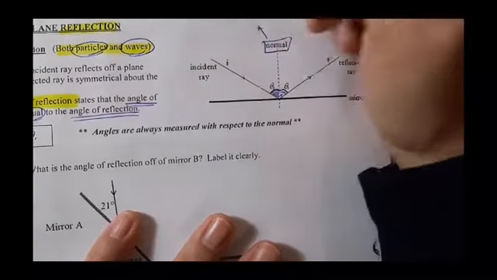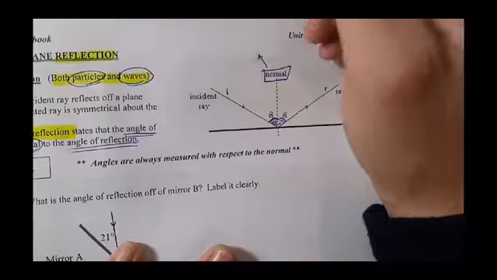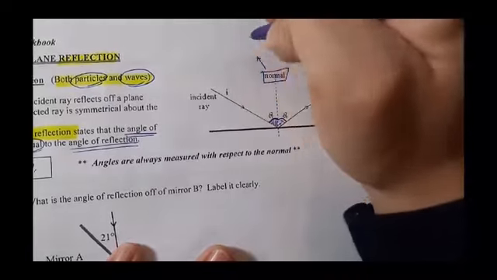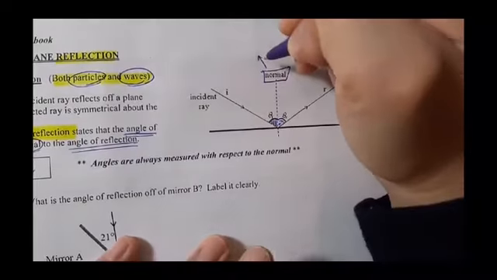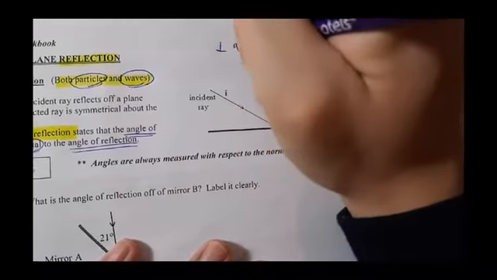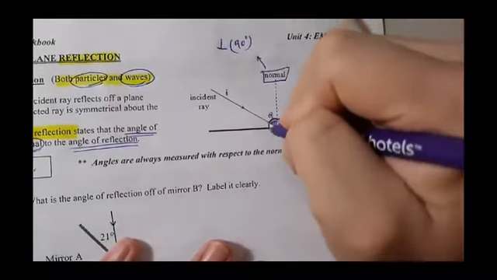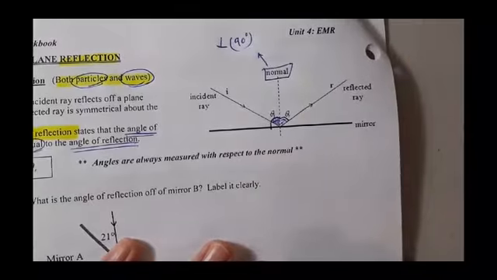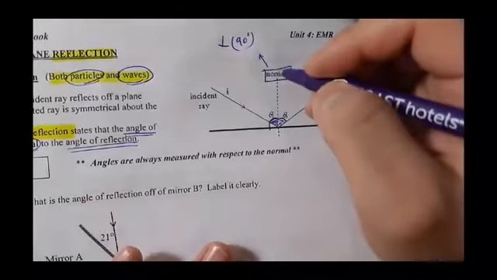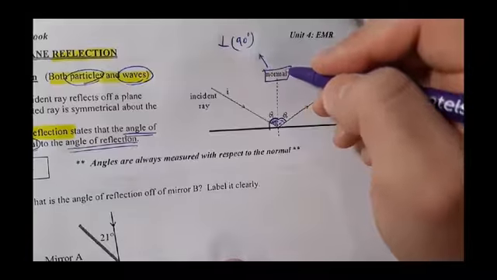Let's talk about this normal. In Physics 20, you learned about normal force. Having a normal means it's 90 degrees, perpendicular. So that's the normal angle. This normal line, yes, technically does not exist.